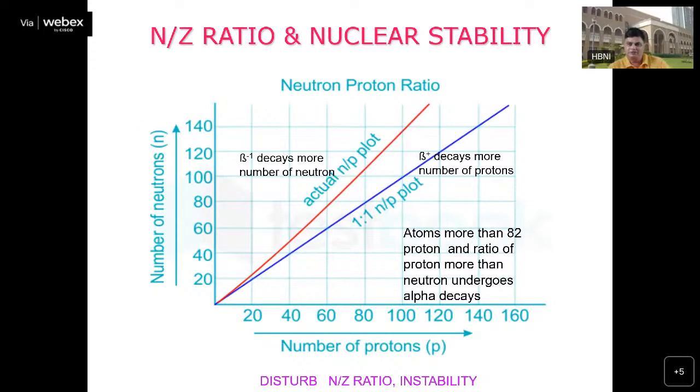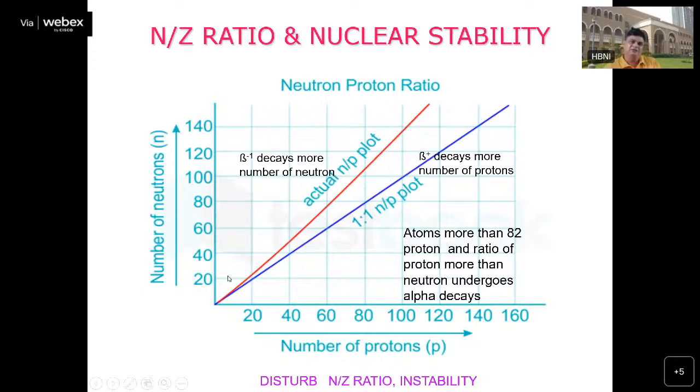That's why I say the very basics of radioactivity. Why is an element unstable or radioactive? Unstable elements means we are talking about radioactivity, but we cannot take a full lecture on radioactivity, so I just introduce this with the N by P ratio graph. In most cases, if the neutron to proton ratio is 1, then the element is considered stable.